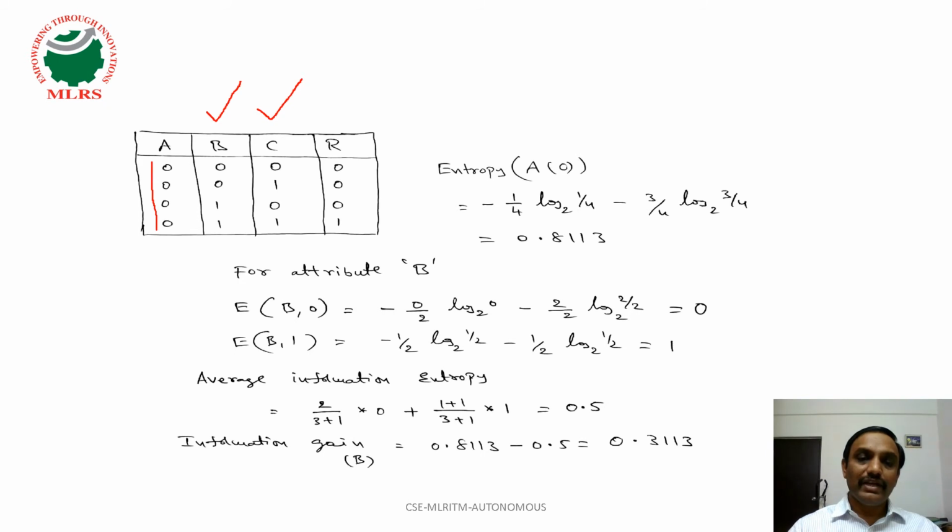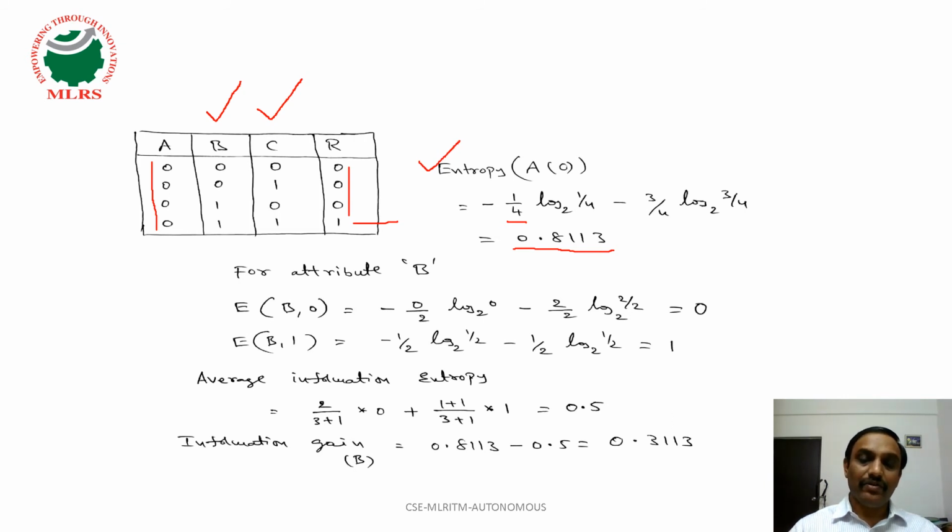Now we consider only this part of the table. So the total entropy where A equals 0: how many examples are there? 4 examples. Out of 4 examples, how many are positive? Only one is positive. 1 by 4 log 1 by 4 base 2 minus, how many negative examples? 3 negative examples. So 3 by 4 log 3 by 4 base 2. What is the value? 0.8113.